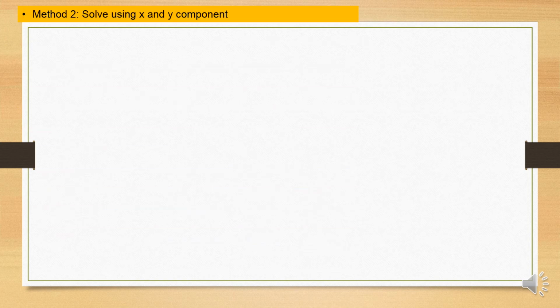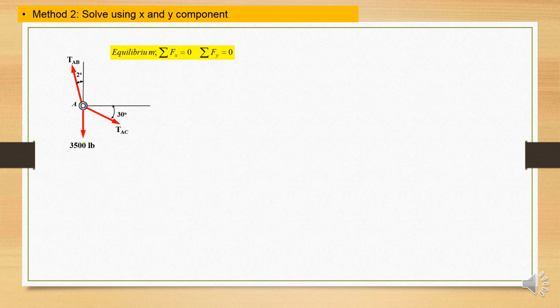Okay, so now we refer to the second method, which is the rectangular component. Again, we still have to use this free body diagram. In all, there are 3 forces acting on particle A: the force due to TAB, the force due to TAC, and the weight.